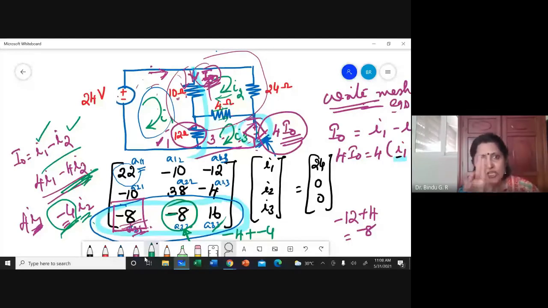Otherwise, you'll be writing mesh equations for mesh 1, mesh 2, mesh 3, and then rearranging the terms so that you have terms in I1, I2, I3, and then filling up the matrices. There are two ways. One is you write the mesh equations, then you fill up the matrices, or directly write the matrix equation. This kind of uniqueness comes only when you are writing a matrix equation by inspection, and whenever there is a dependent source.